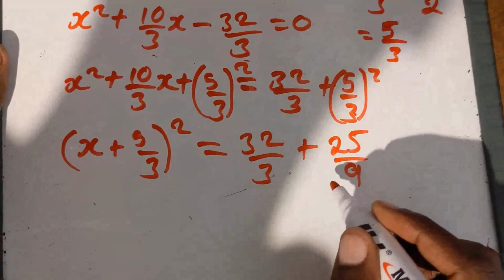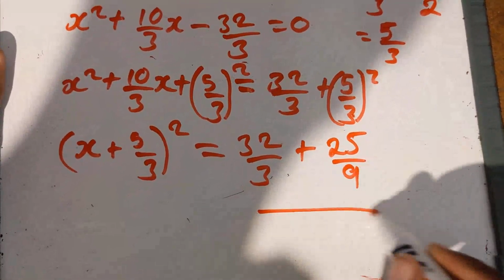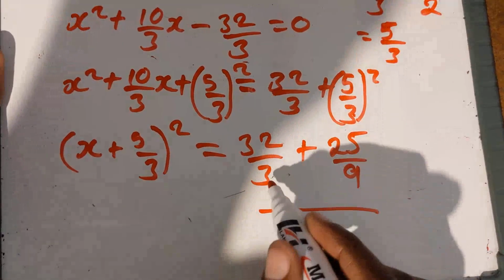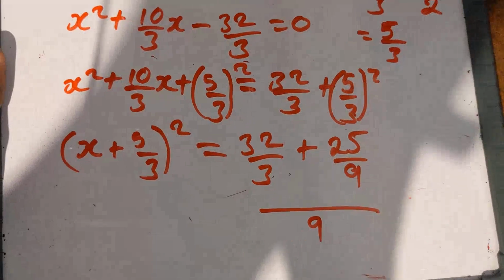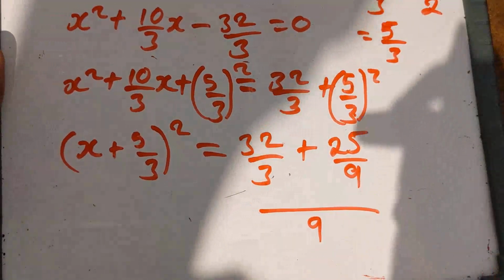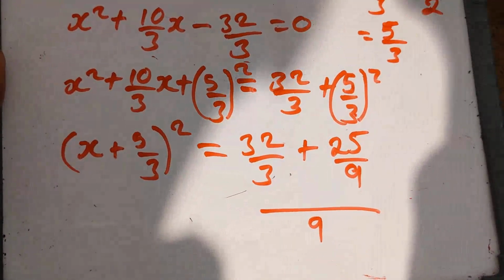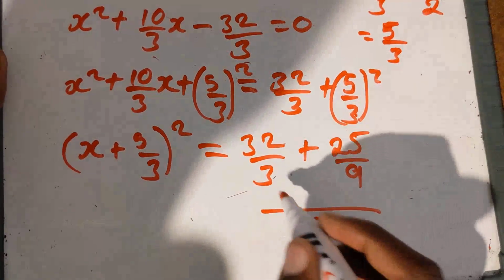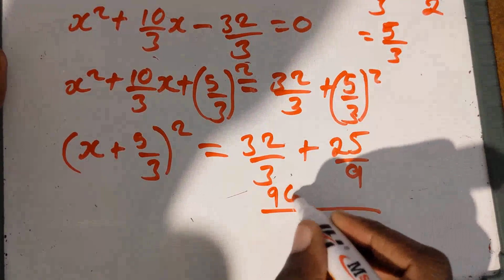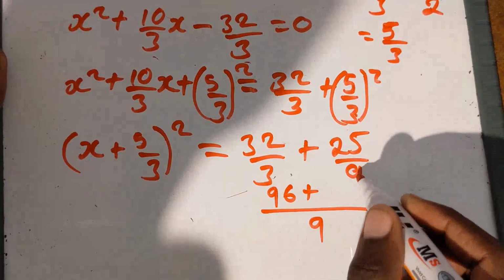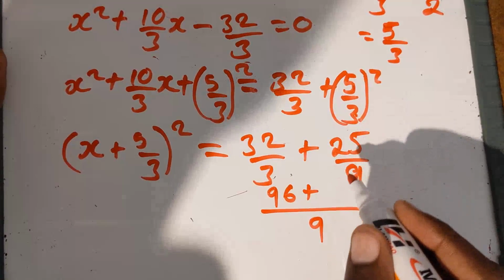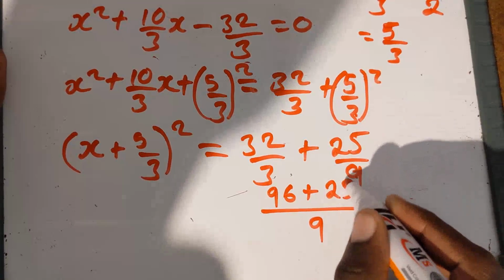Alright, so from here now we can find the common denominator, which is 9. 3 into 9 is 3, and 3 times 32 is 96. Then plus 9 into 9, that's 1, and 1 times 25 is 25.